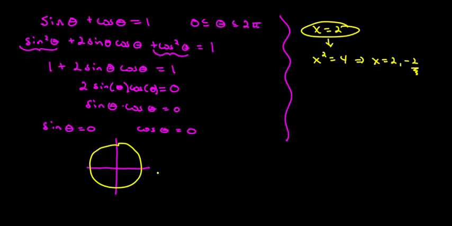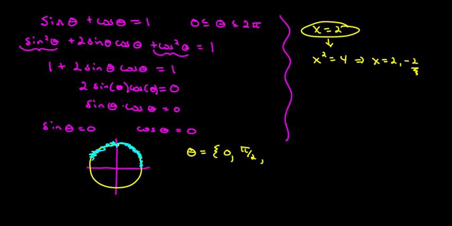So my solution set for theta, the first one is 0. As I start going along, I'll hit where the cosine value is 0, so pi over 2 is a solution.